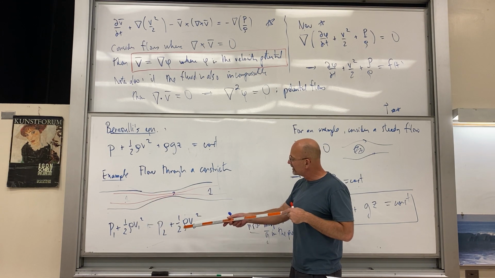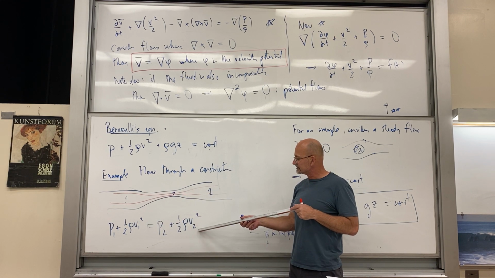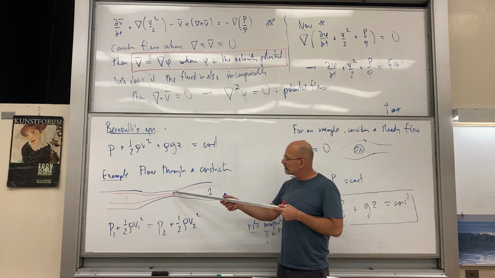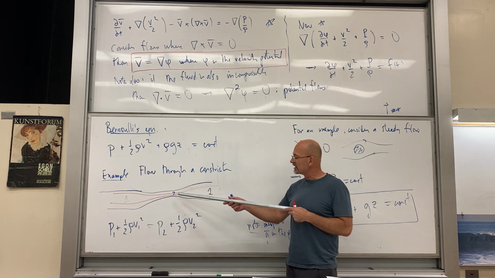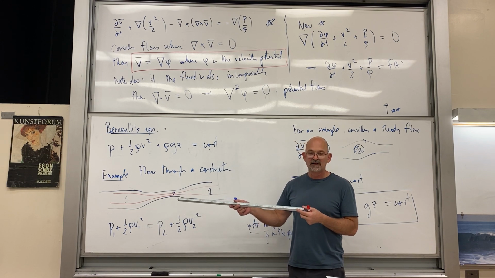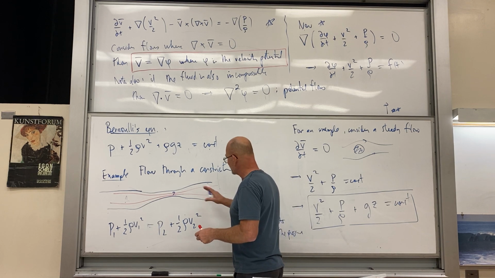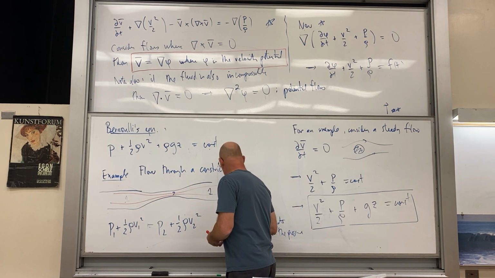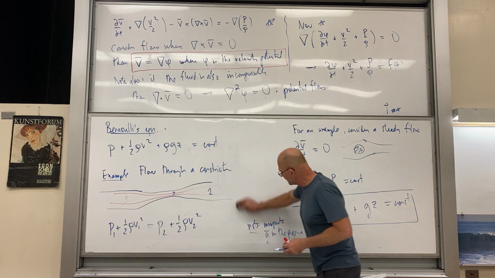So what that means is, since we have a constant across this expression here, the pressure must be lower when the speed is higher. That's not intuitive, and it shows itself in many examples and situations. So because of this scenario, let's write that down in words just to make sure we have it.